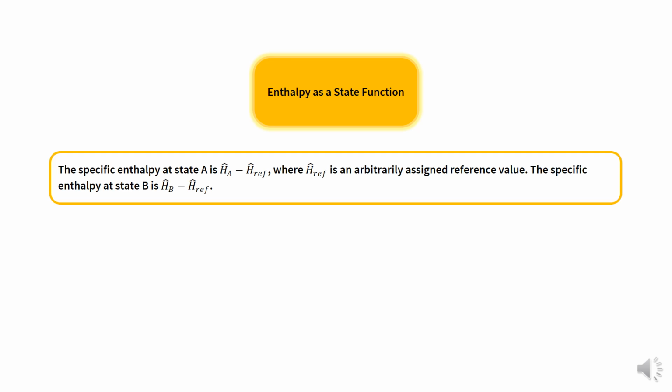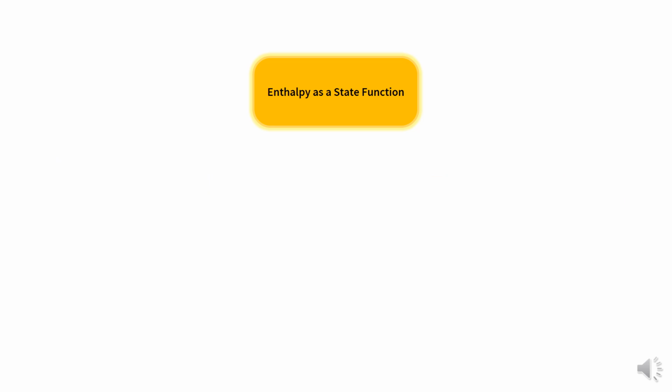The specific enthalpy at state A is H_A minus H reference, and the specific enthalpy at state B is H_B minus H reference. So the change in the specific enthalpy, or delta H, is equal to the enthalpy in state B minus the enthalpy in state A.